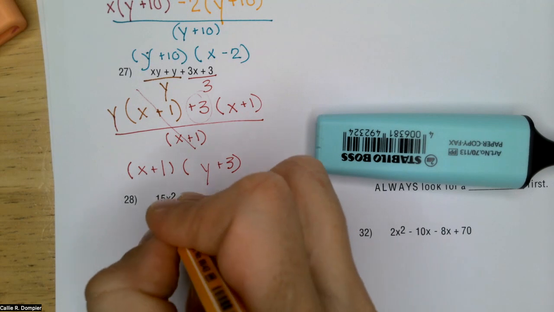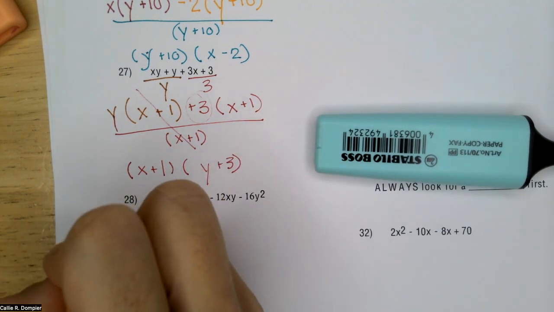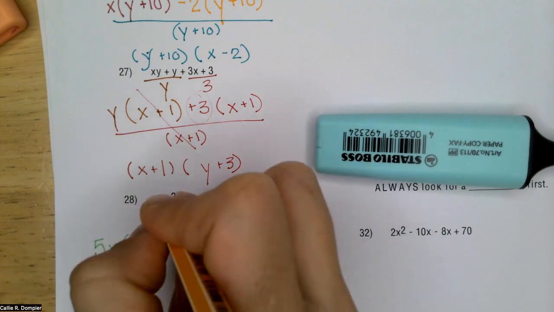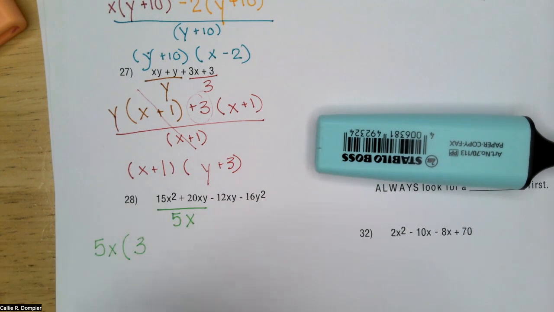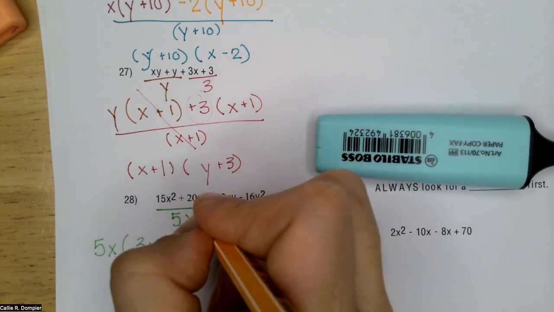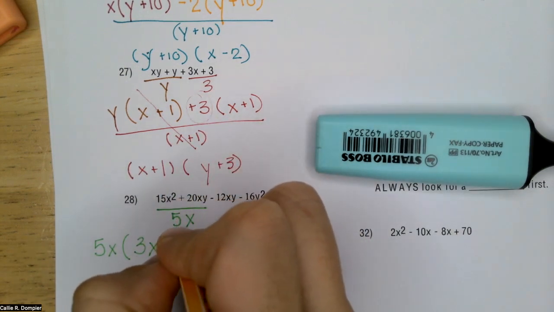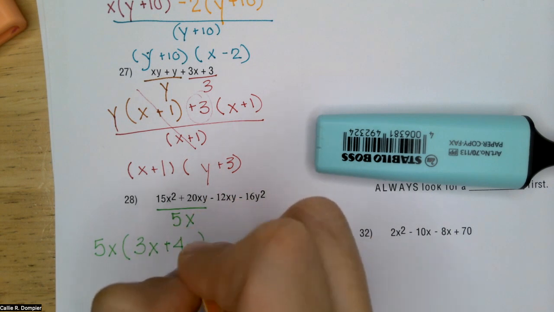There's one x raised to the first power, right? So if I take out a 5x, 15x squared divided by 5x is 3x. x squared divided by x is just going to be x. Positive 20 divided by 5 is a positive 4. xy divided by x just leaves me with the y.